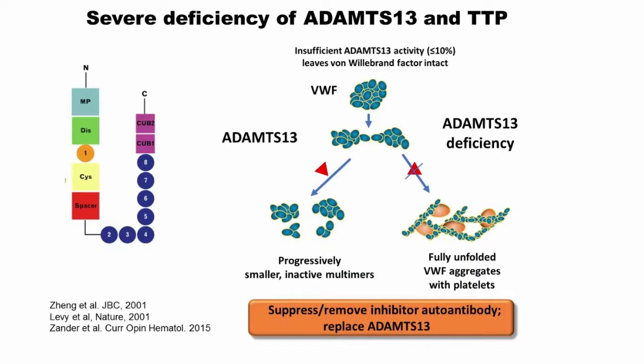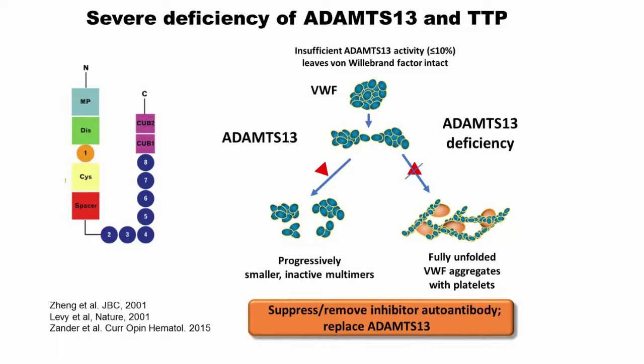So what is ADAMTS13? ADAMTS13 is a plasma metalloprotease, which is actually a large multimeric protein shown on the left side. It consists of a protease domain, which is the business center, and also a very long C-terminal domain, which interacts with the substrate and has some other functions as well. The only known function of ADAMTS13 is to cleave von Willebrand factor, called VWF.